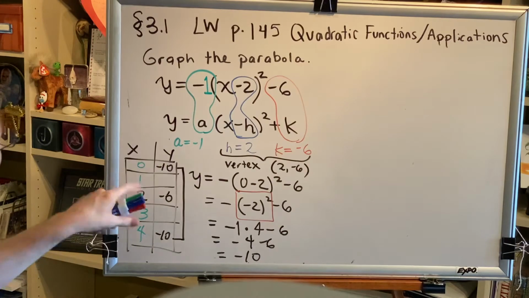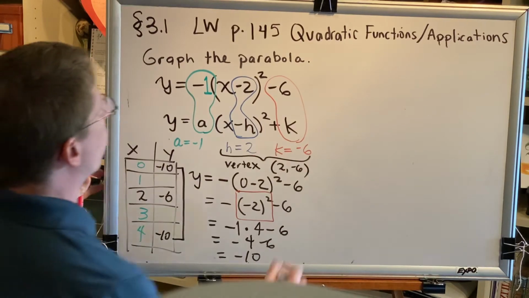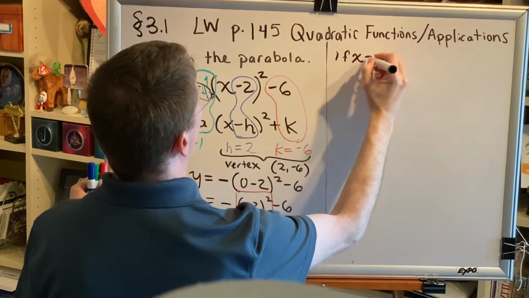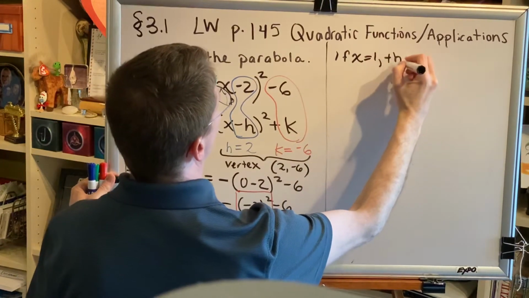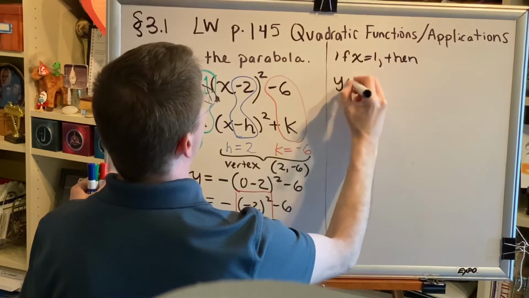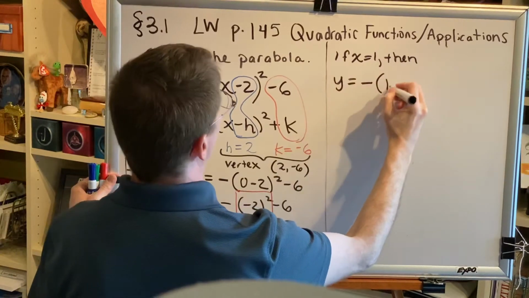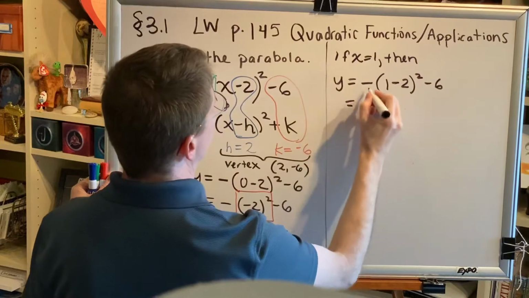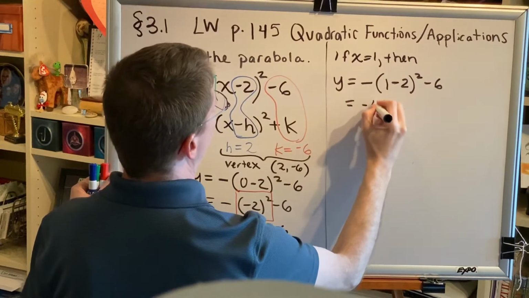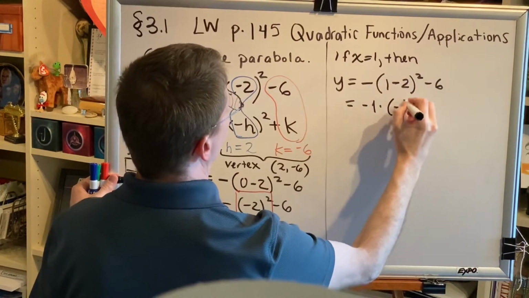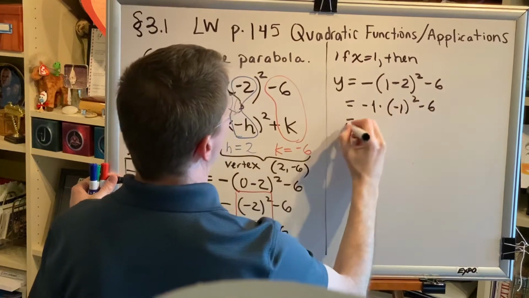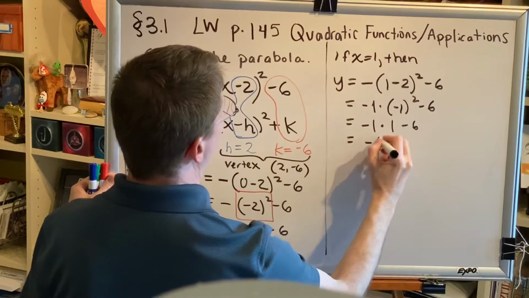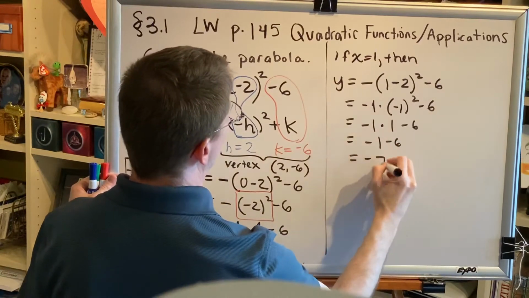Okay, so now we're going to try x equals 1. If x equals 1, then y equals negative (1 minus 2) squared minus 6. This negative is a -1. -1 times 1 minus 6, -1 minus 6, -7.